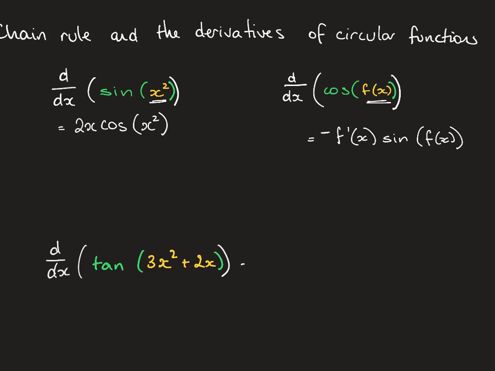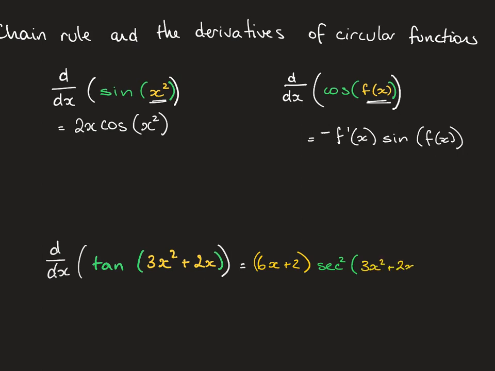you can either use the sec squared version, and in that case it would be the derivative of the inner section, which will be 6x plus 2, and then we just write sec squared and the original function, 3x squared plus 2x.